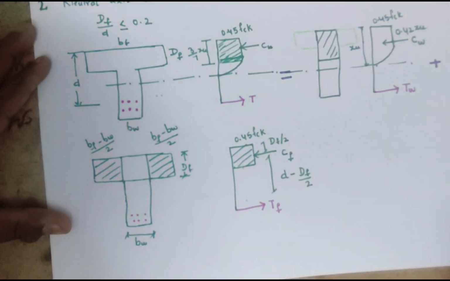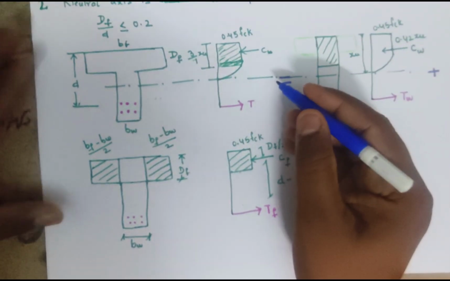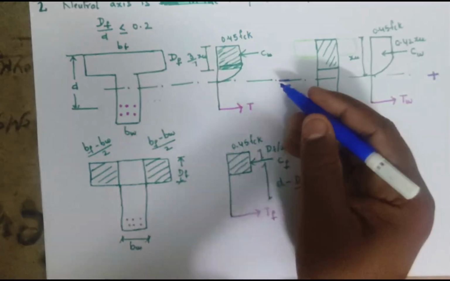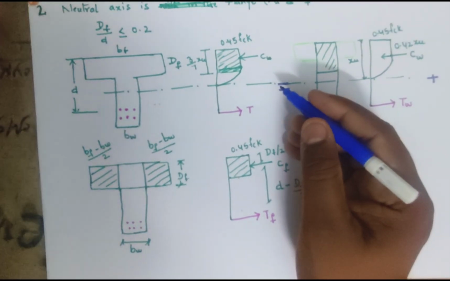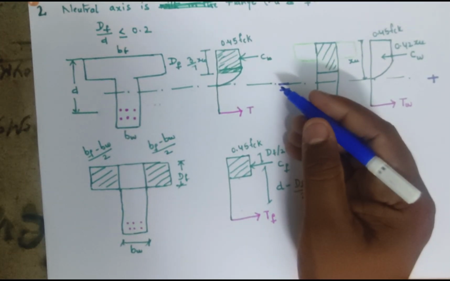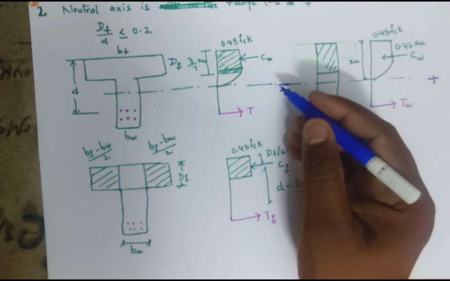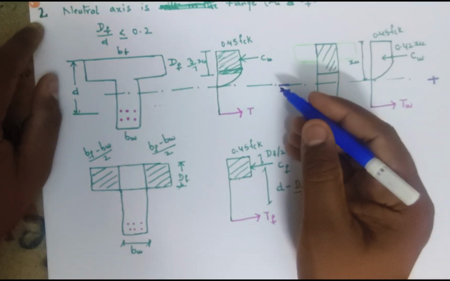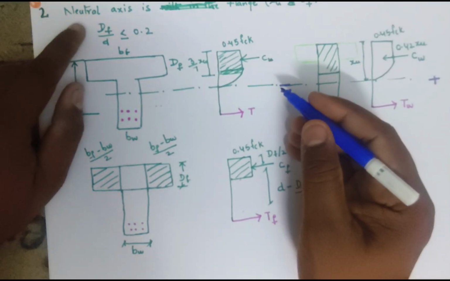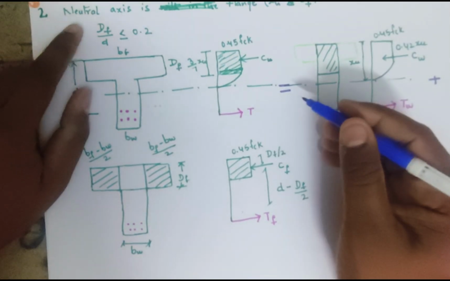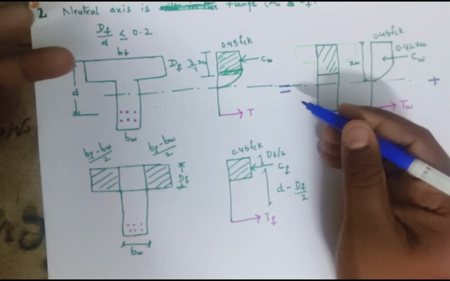Next, as I said, in case number 1, the equations remain the same as in the case of rectangular section analysis. But in the case of 2, where the neutral axis is below the flange, we have two cases.